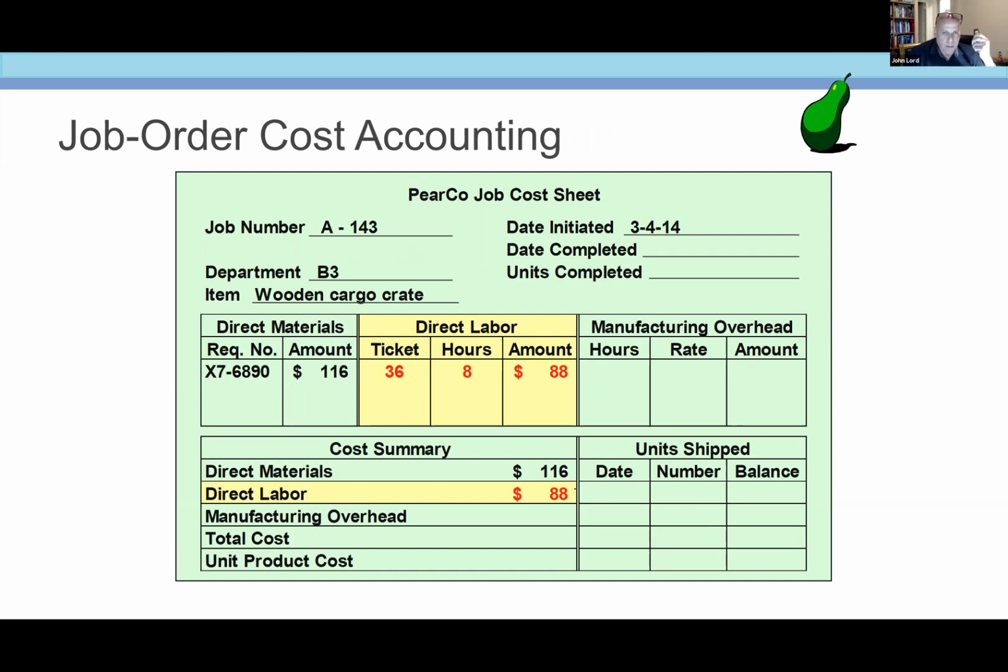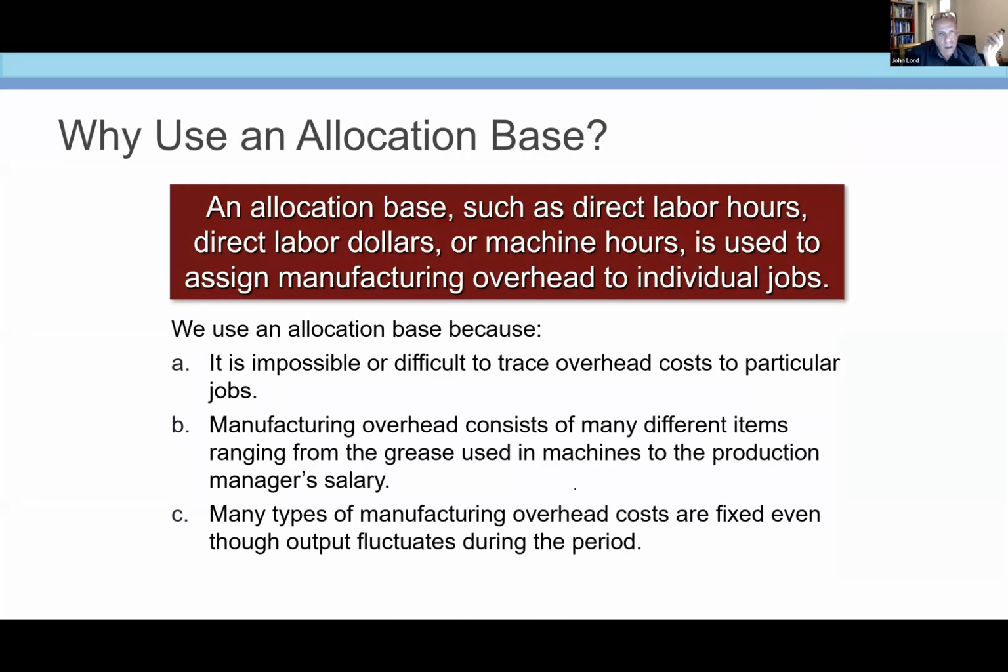Now we have to do our manufacturing overhead, but overhead is kind of hard to track to the job. So they call it an allocation base. I don't like allocation base. The correct term that they really should be using here is an application rate.